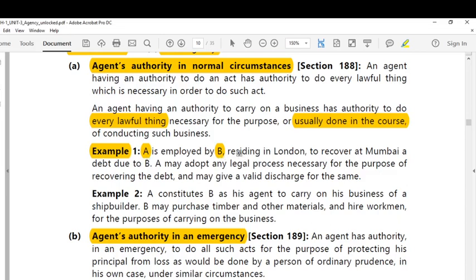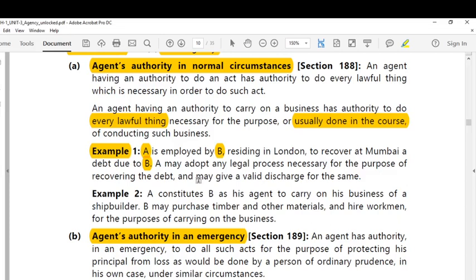And Mr. B is residing in London. The principal is residing in London. The duty of Mr. A is to recover at Mumbai a debt due to B. So some amount is due to Mr. B, who is residing in London, and A is being employed to collect that debt amount.